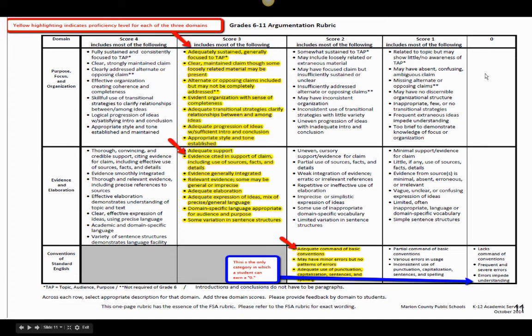As long as students are putting something on the paper, they cannot score a 0 at this time. We have had discussions at the district level about if a student plagiarizes the whole piece, what happens, and the state is looking into that issue. But at this point, there is no 0 score for purpose, focus, and organization, or evidence and elaboration.